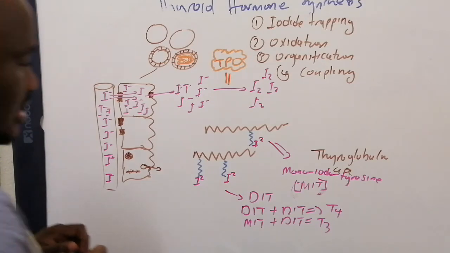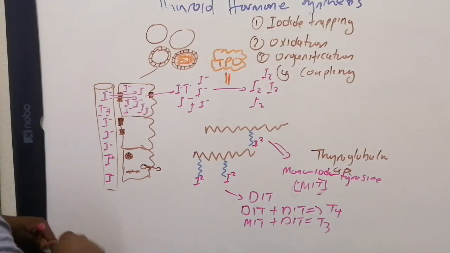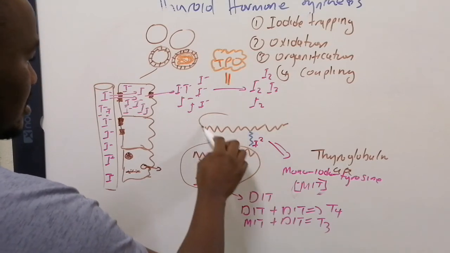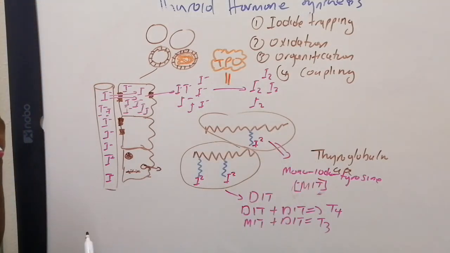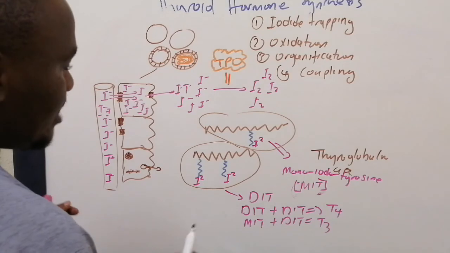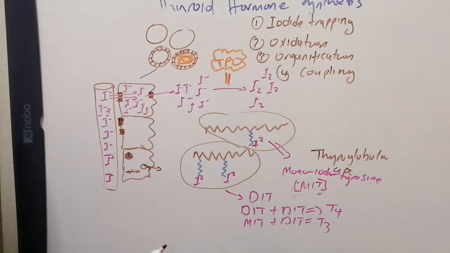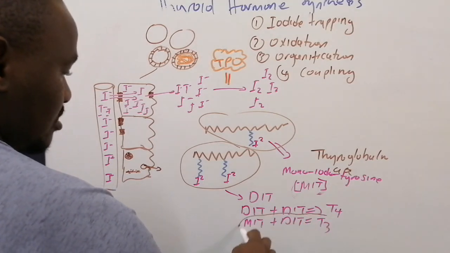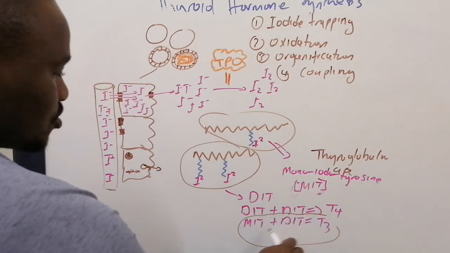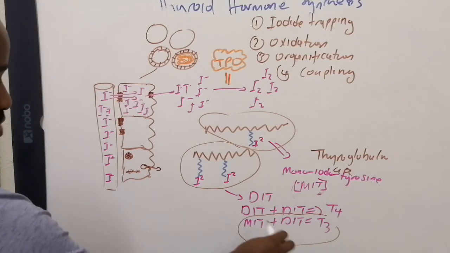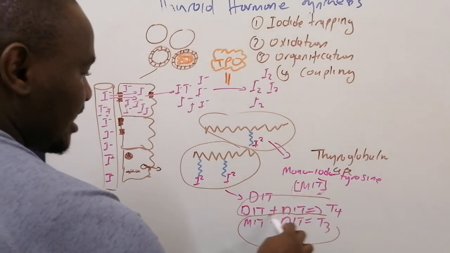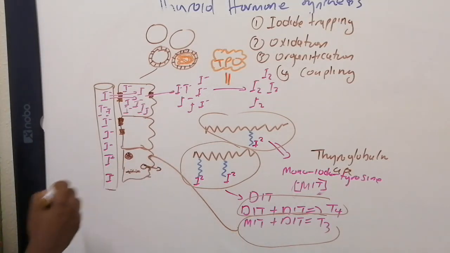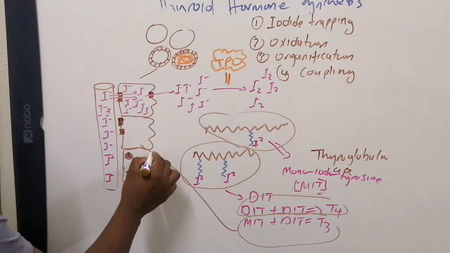Now, this complex, actually not this complex, but this complex, with, remember, the thyroglobulin molecules there as well. This complex is gonna be endocytosed, so it's gonna enter the apical side or the apical membrane.